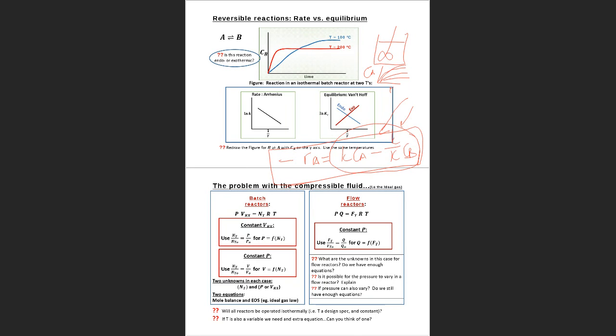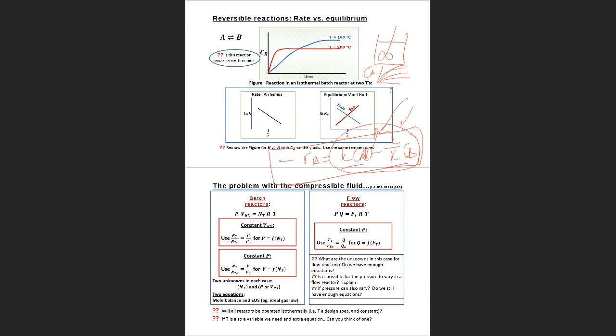It's like somebody doing a CSC project to say, how fast will this happen? And there are certain guidelines. Yes, first try elementary. But if it doesn't work, try to say, oh, but some of it is adsorbed on the surface, and then I've got a very funny concentration term that I write there. So no, it is not always elementary.